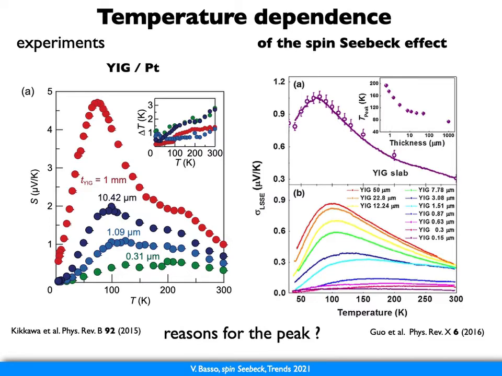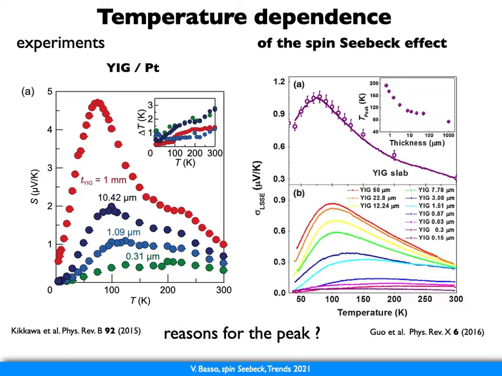And what do we observe? What's the main feature? The Seebeck coefficient, the ratio between the voltage and temperature gradient, becomes larger when we decrease the temperature up to a certain point, around 80-90 K, and then it decreases. So there is quite a nice and well-defined peak. This phenomenology changes considerably if we change the thickness of the YIG.